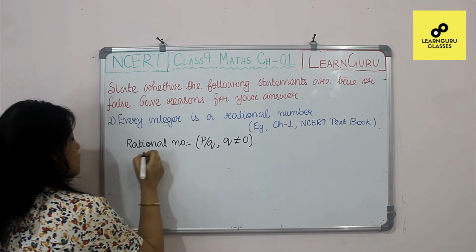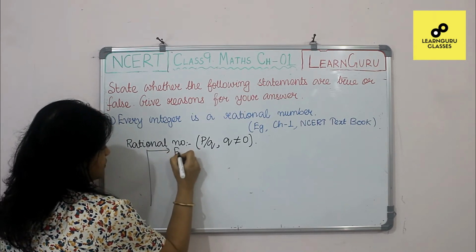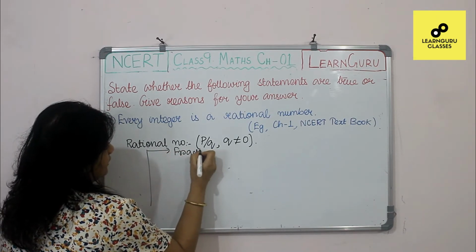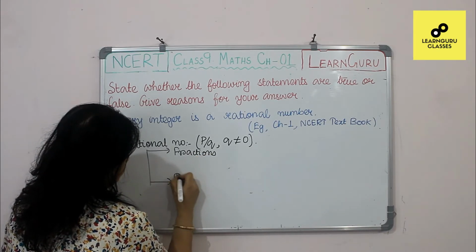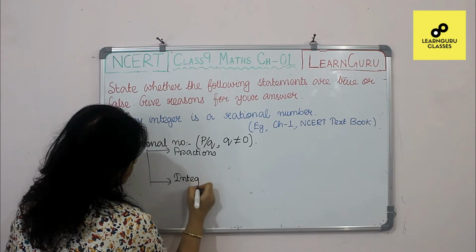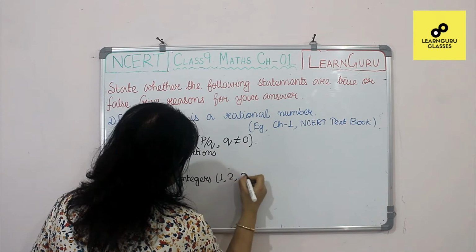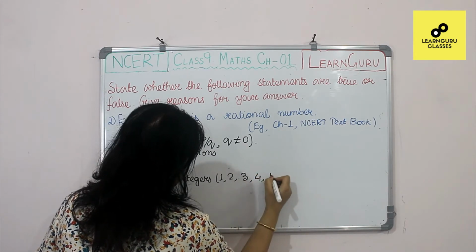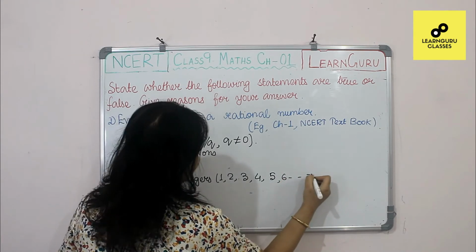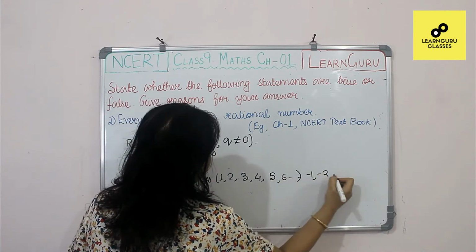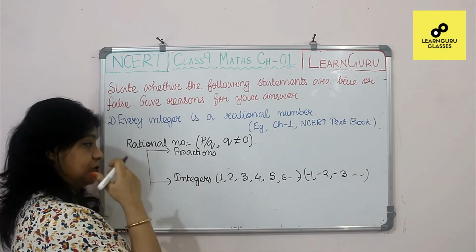So rational numbers comprise fractions and integers, isn't it? Integers may be 1, 2, 3, 4, 5, 6 and -1, -2, -3 are examples of negative integers.